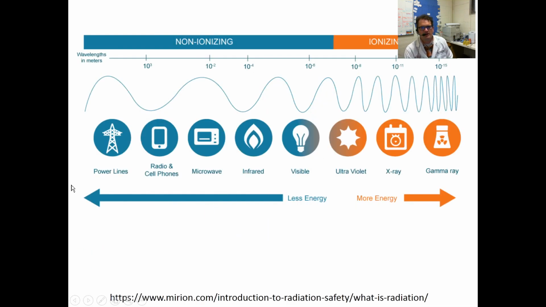Here's another type of diagram, and this one shows ultraviolet light, X-rays, gamma rays as more energy and ionizing radiation, while non-ionizing is visible light, infrared, microwave, radio and cell phone signals, and power lines.